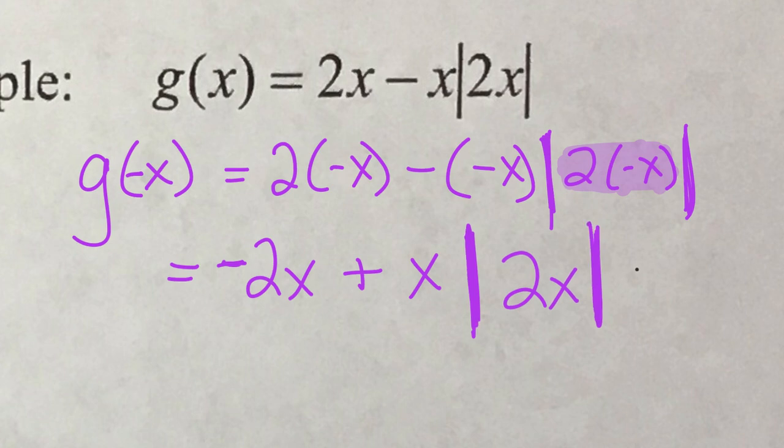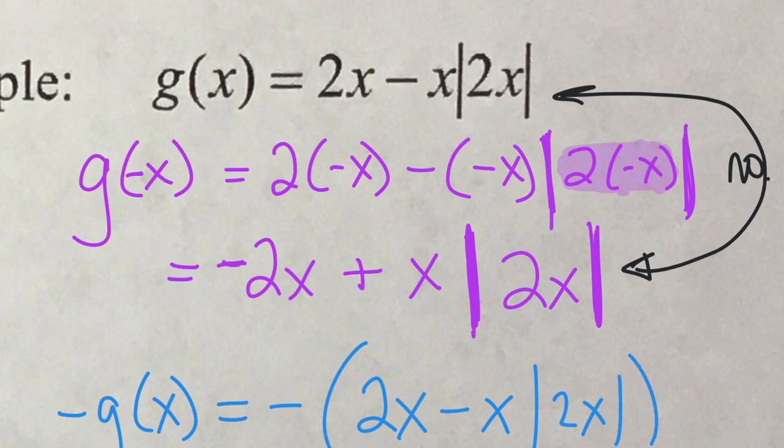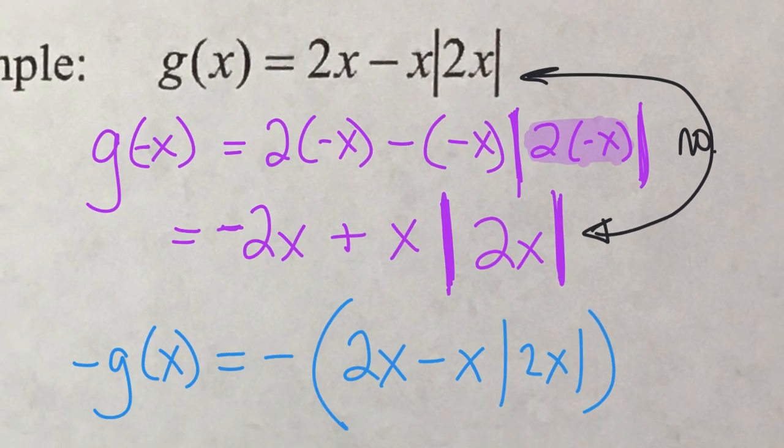Comparing, does that look the exact same as the original? No, so we know that this is not an even function because your pluses and your minuses are different. So next, we make the entire equation negative.